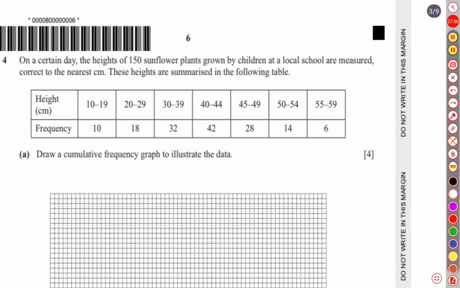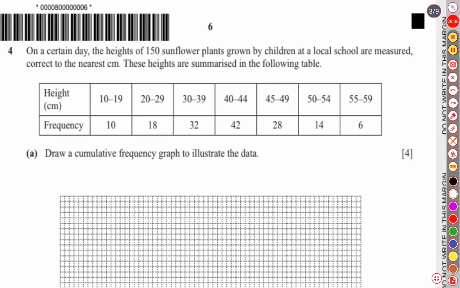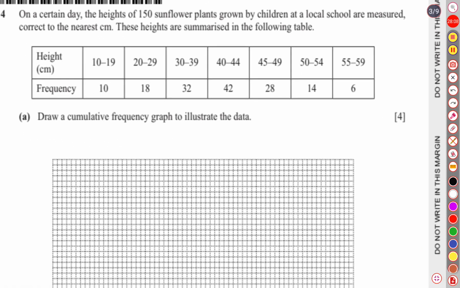cumulative frequency graph. For a cumulative frequency graph, continuity correction should be done, because if you look at this, the upper bound of the first class is not the lower bound of the next class. So we will have to do continuity correction.